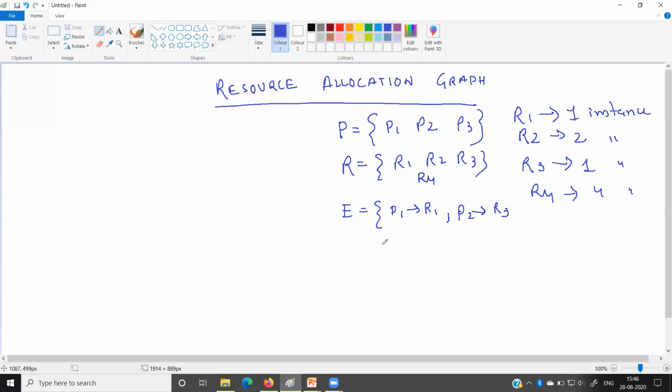Then resource R1 is already assigned to the process P2. Resource R2 is already assigned to the process P2. Resource R2 is already assigned to the process P1. Resource R3 is already assigned to the process P3. So those are the set of edges. Some edges are assignment edges, some are request edges.